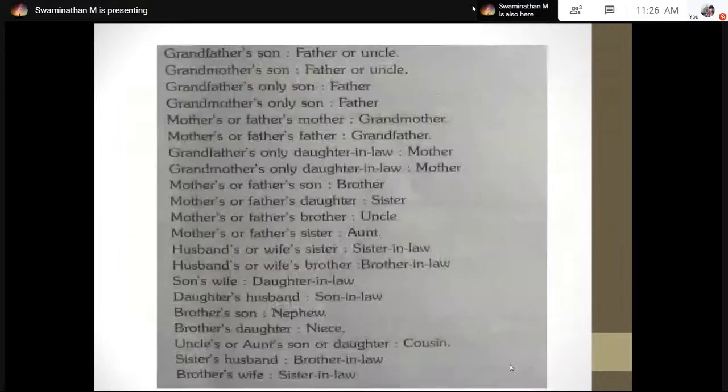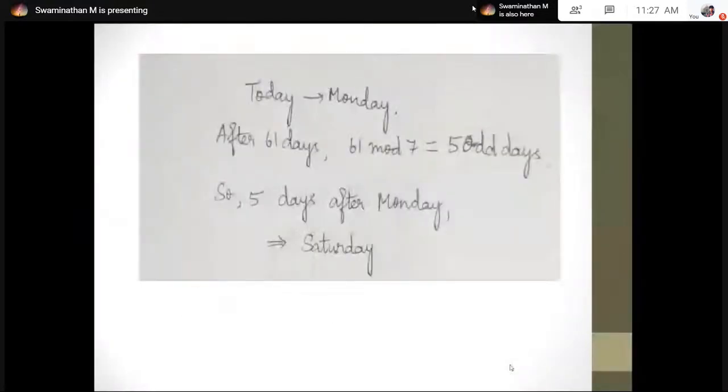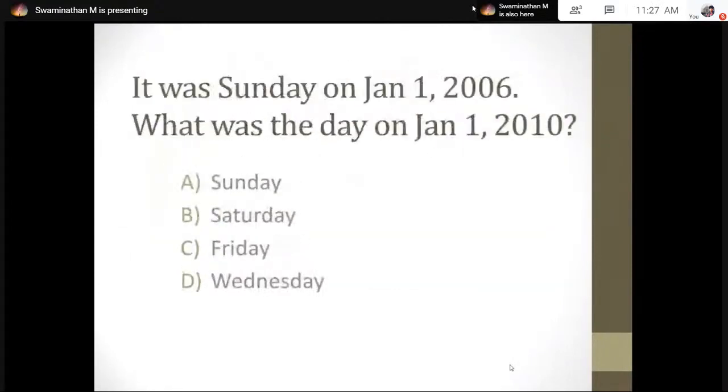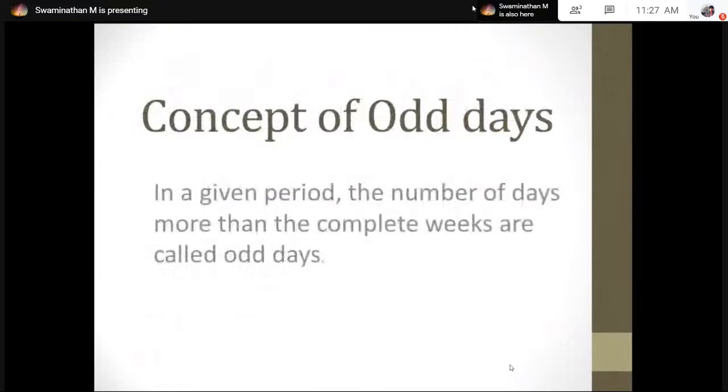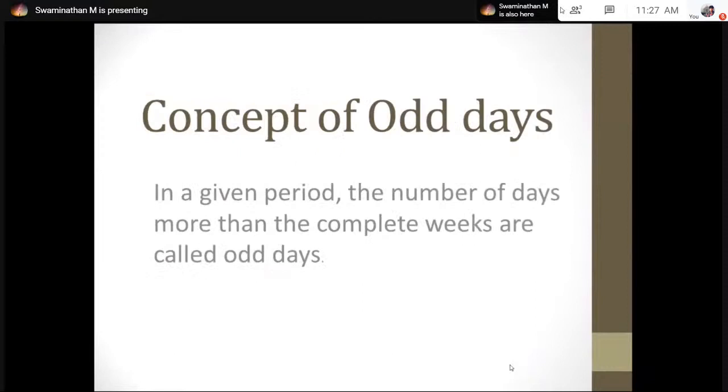So that's it. These are the different kind of problems that are possible from calendar. Any queries for calendar? Any doubts? The concept is that leap year, odd days concept, and you have to apply that.